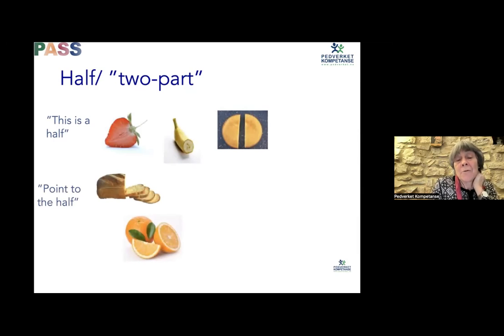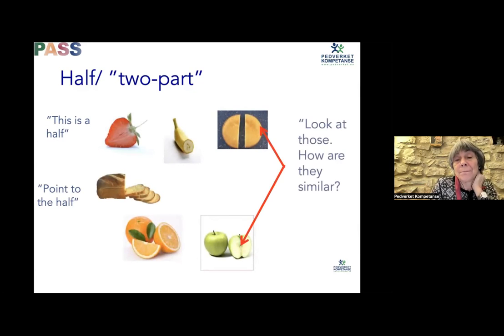Point to the half of an orange. Point to the half of an apple. And finally, look at those two. I gave you just these few examples to indicate what kind of task we can use if that's necessary for teaching tasks for the kids.